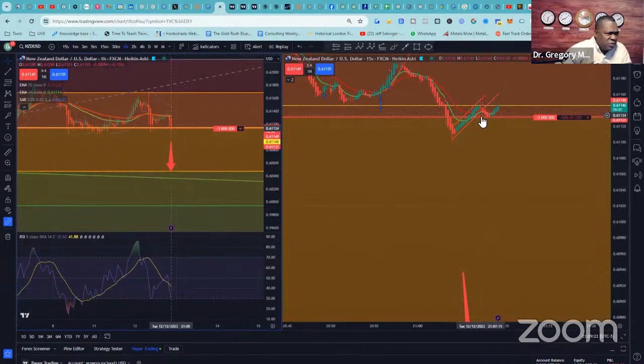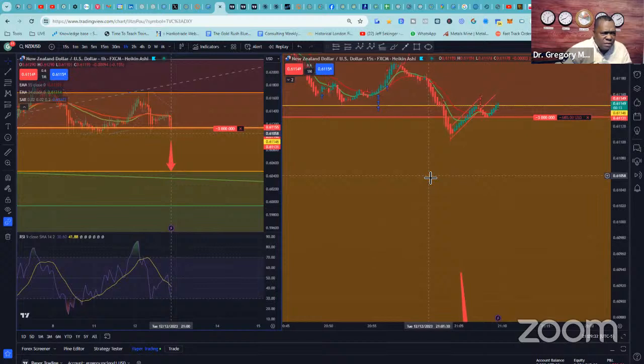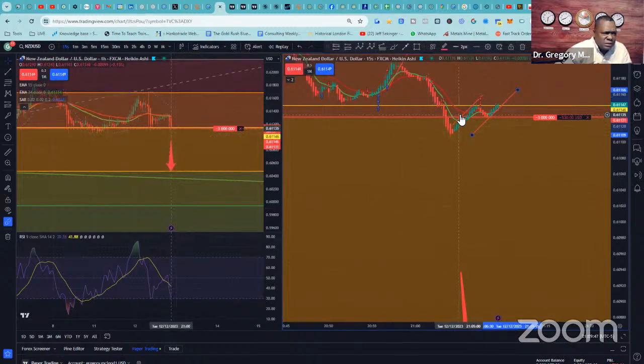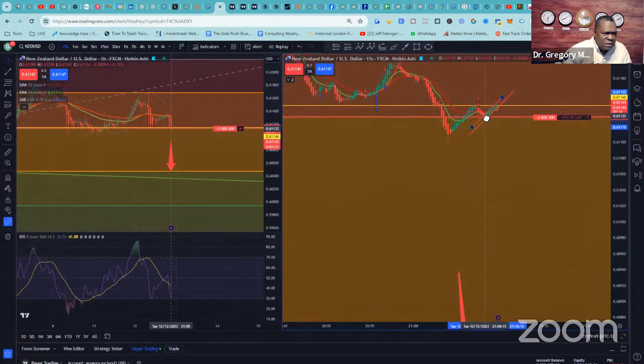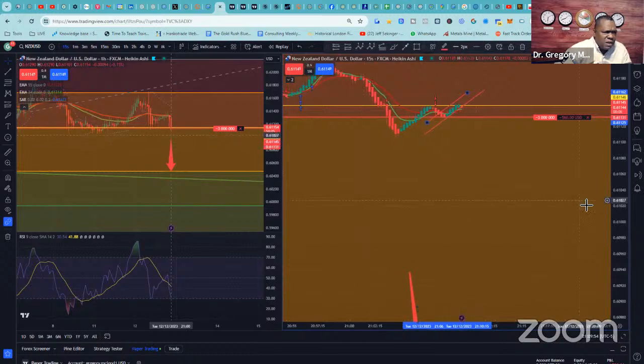This kind of did a U-turn right there. I would just redraw the trend line there. Another mini flag.